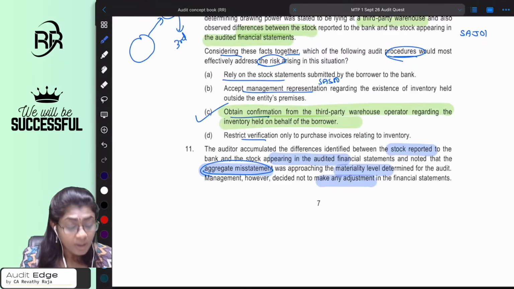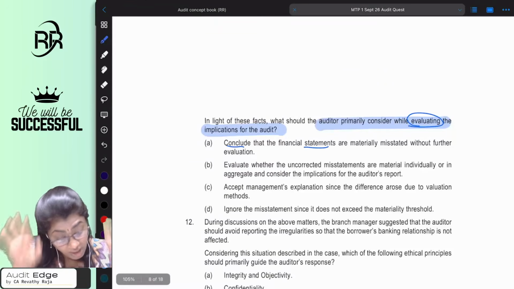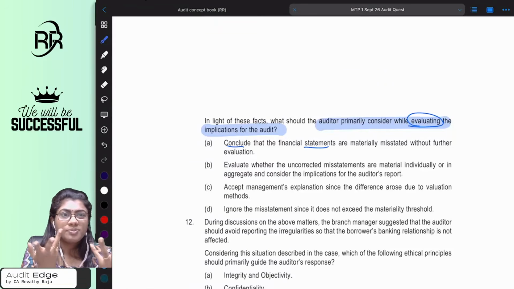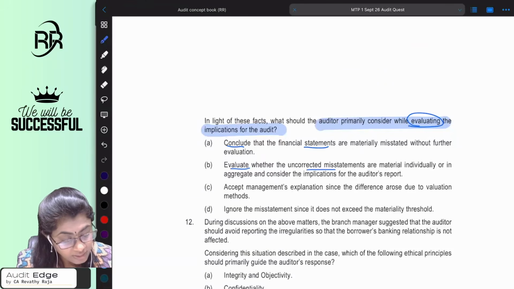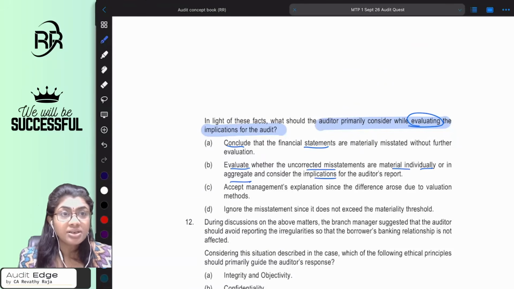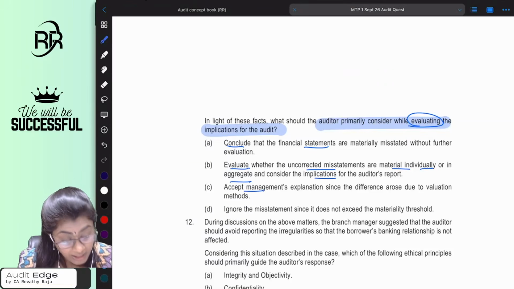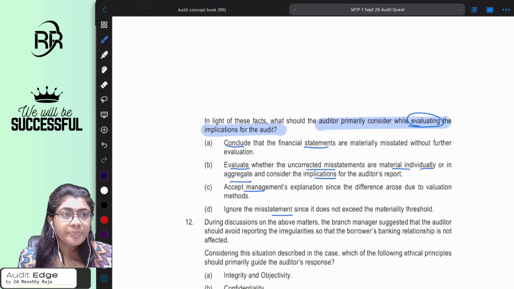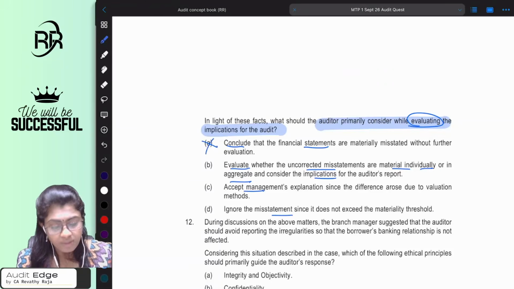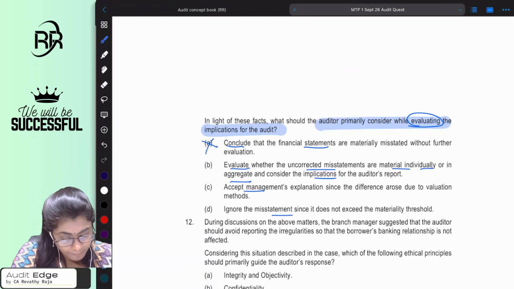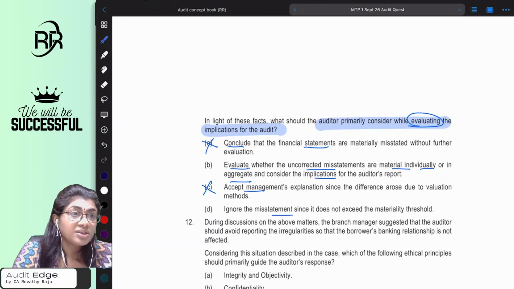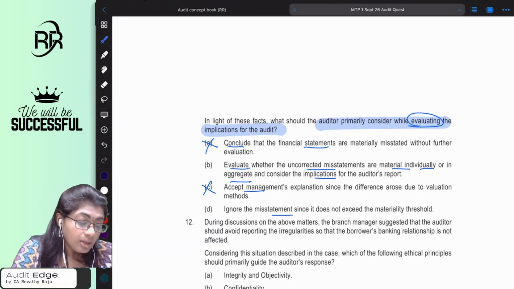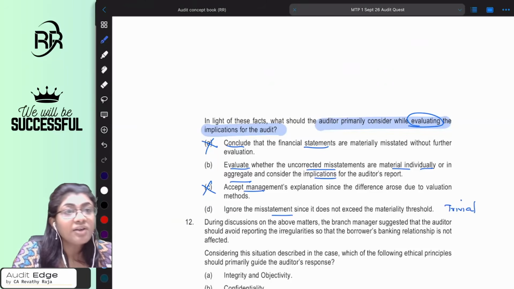SA 450. Now conclude that FS are misstated without evaluation. Evaluate uncorrected misstatement individually or in aggregate. Consider its implications. Accepts management explanation. Ignore. Which is the correct option? See, you have to further evaluate, so it's not A. You cannot accept management explanation. You can ignore if it is clearly trivial.